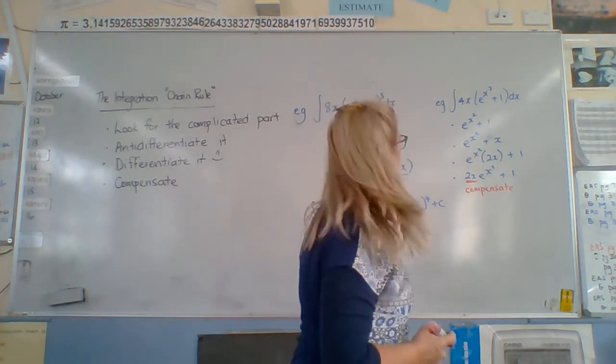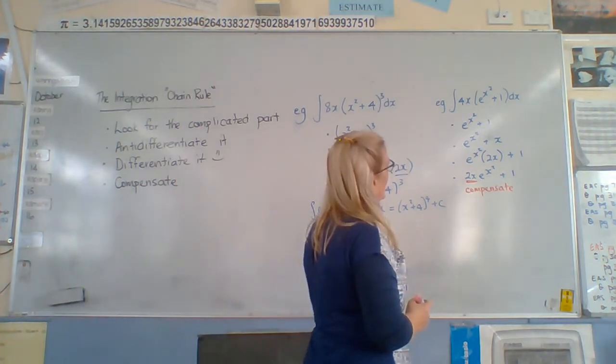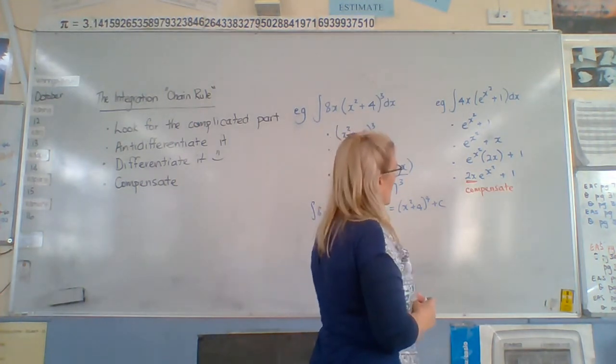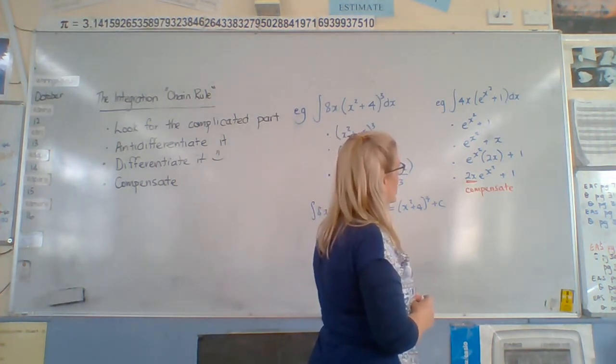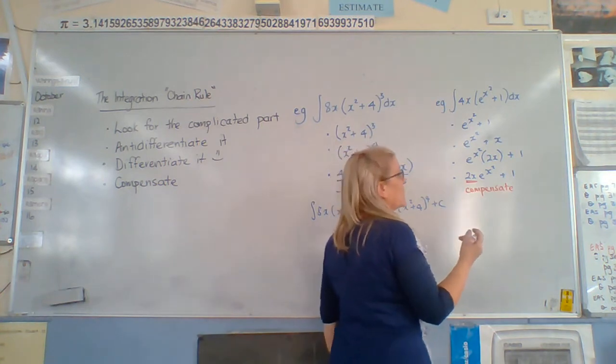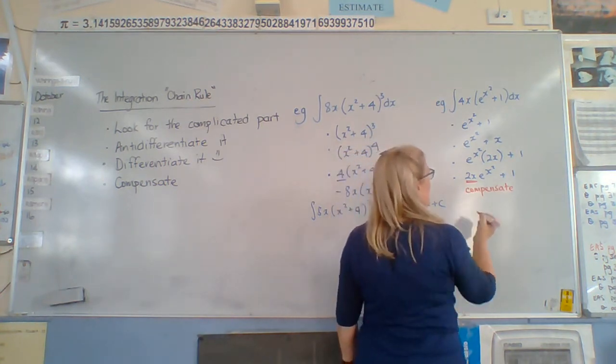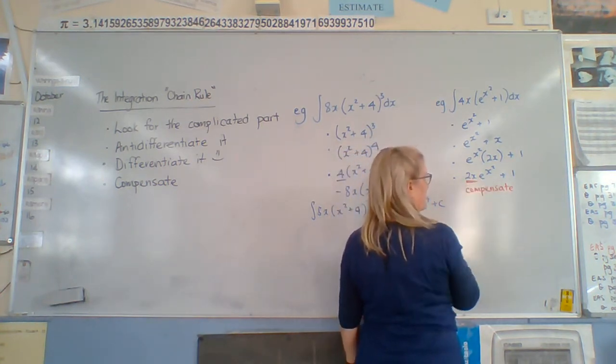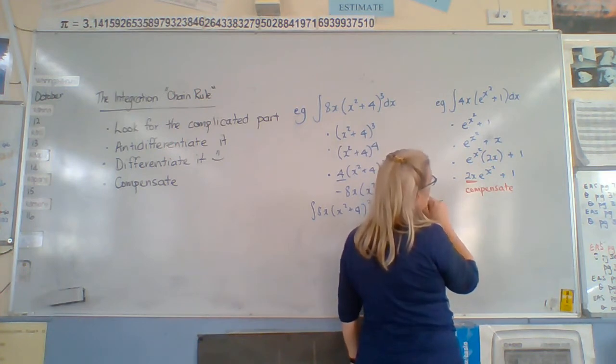Oh, that's interesting. I've done this completely differently. Hokey pokey. That's going to be an interesting one. We'll just keep going and see what happens. I don't know what's going to happen. So we need there a 4.